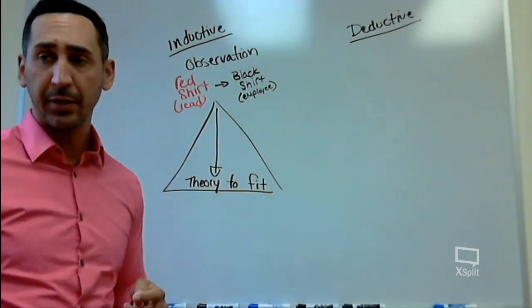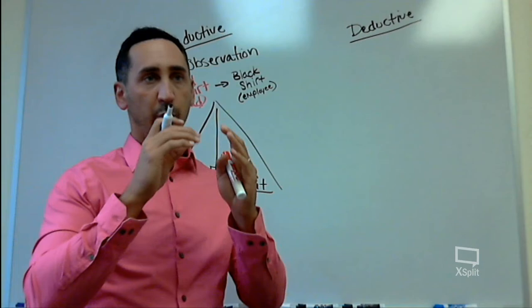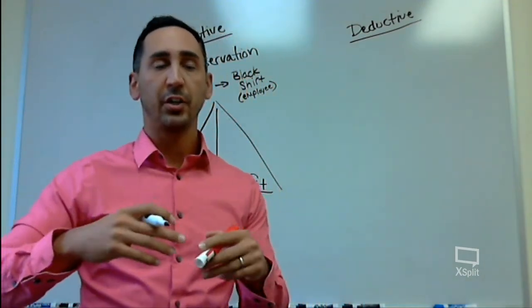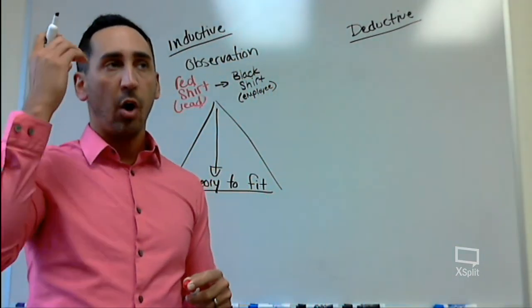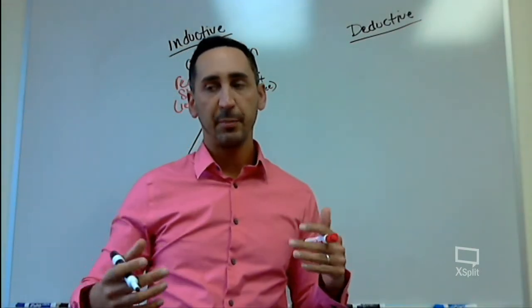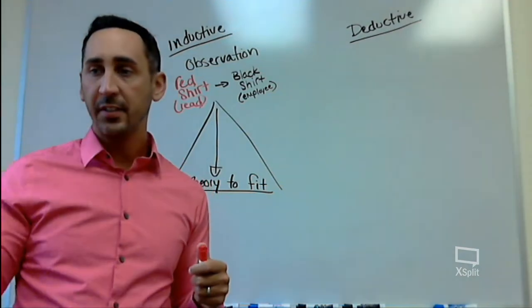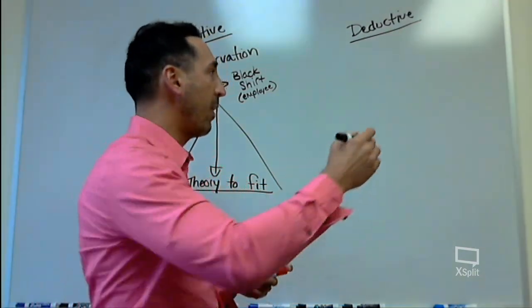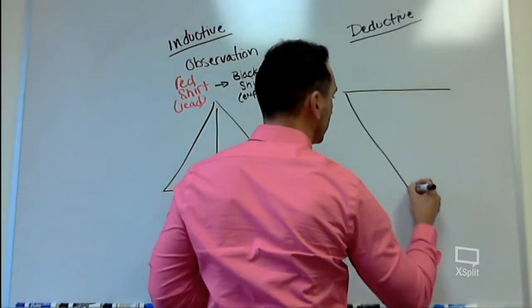If you start with a theory, though, now you're trying to look at your observation through a lens. You're going to go into your observation already saying, okay, I'm going to look for proactive thinking or proactive leadership, and I'm going to find out, where do I see that here? And that would look a little something like this.